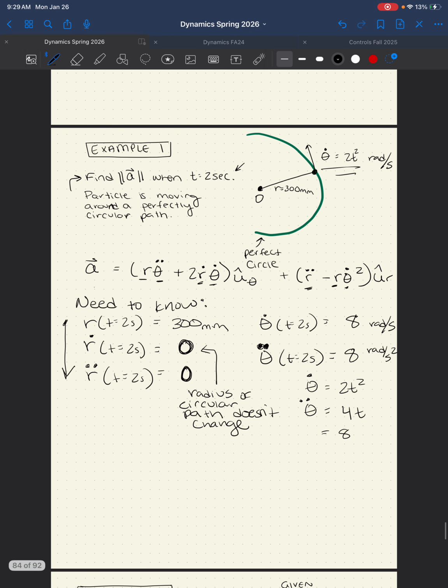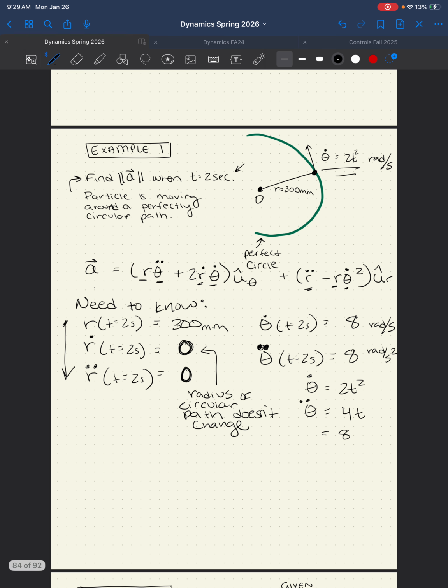And now I have all the quantities that I need to find my vector a. So I can say acceleration is equal to 300 millimeters times theta double dot, which is 8, plus 2 times r dot, which is 0, so that whole second term becomes 0.